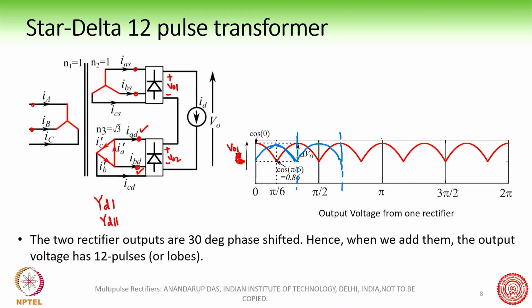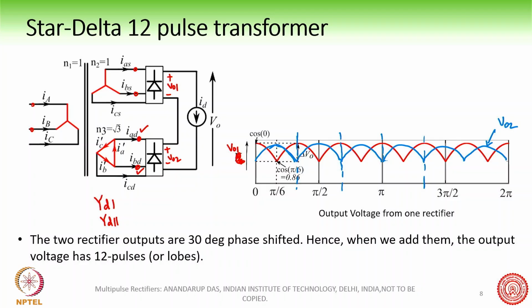Note that this is 30 degree phase shifted from the first one. Both the waveforms are identical. The blue one is V02. Both the waveforms are identical. However, there is a 30 degree phase shift between V01 and V02, correct? Because of the delta connected transformer, which causes the phase shift.